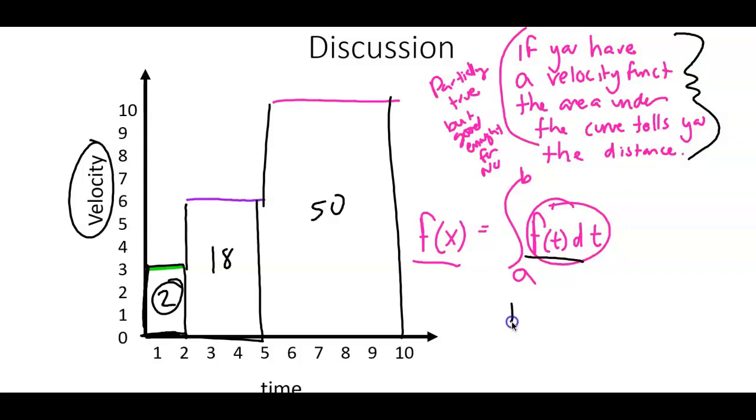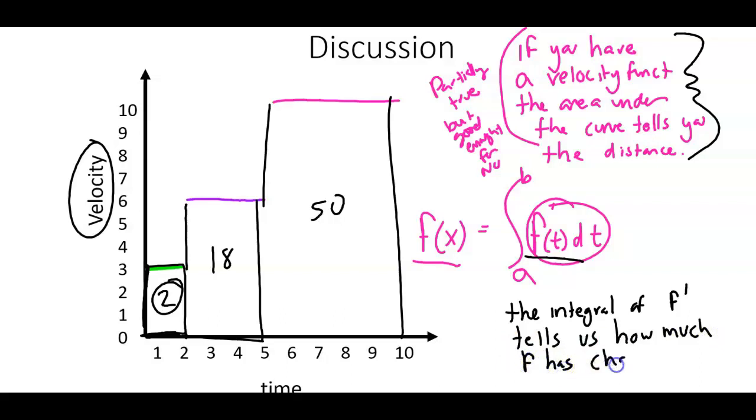So basically then, the integral of a derivative, we'll just say the integral of f prime tells us how much f has changed over time. This is what we call the net change.